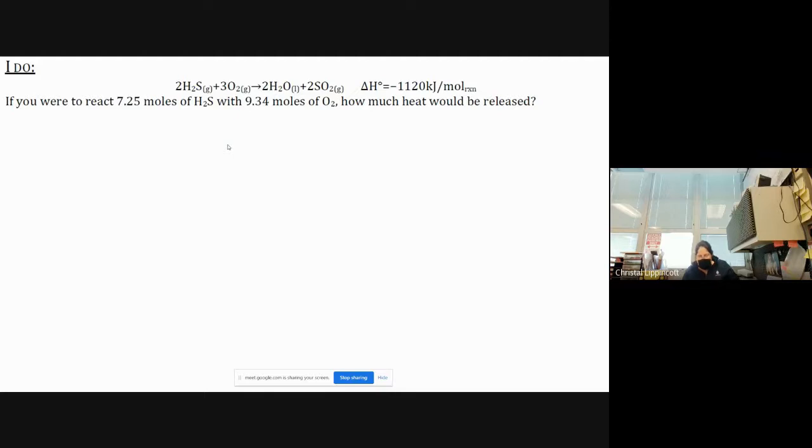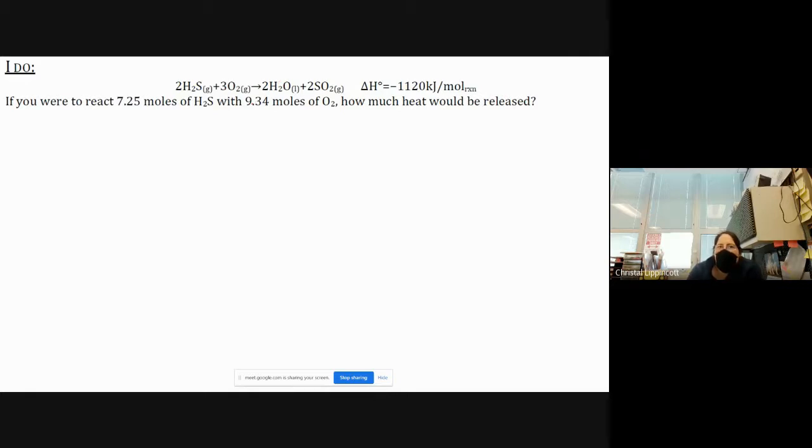Let me do the math here. 9.34 divided by 3 is 3.1. 7.25 divided by 2 is 3.6. So 3.1 is obviously smaller. Oxygen is your limiting reactant.